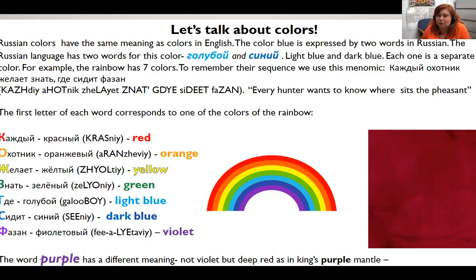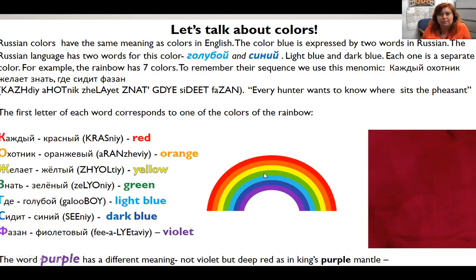So you do count indigo as a dark blue color, because if you look at the pictures, I actually had a difficult time finding the rainbow with 7 colors. Usually these two, dark blue and light blue colors, are blended together in one color, and if you count, there are 6 colors.